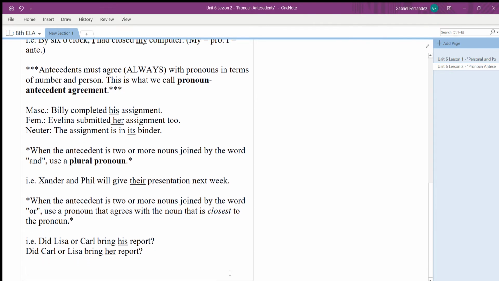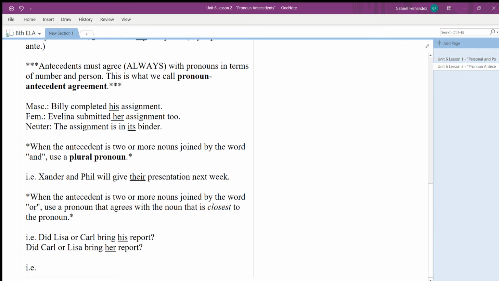Okay? This even goes in the case of singular and plural nouns. Will the captain or the players bring their supplies?